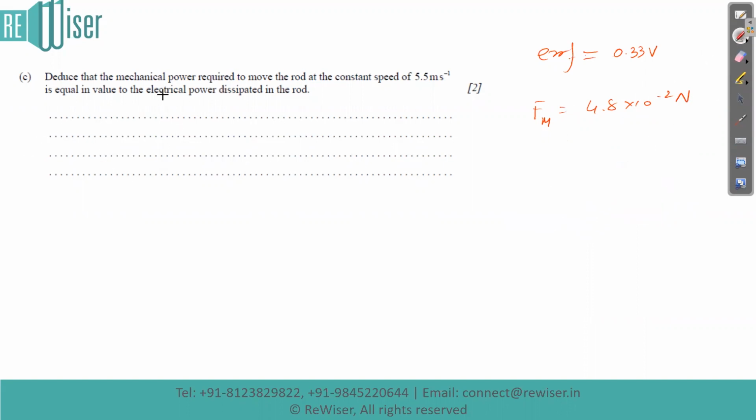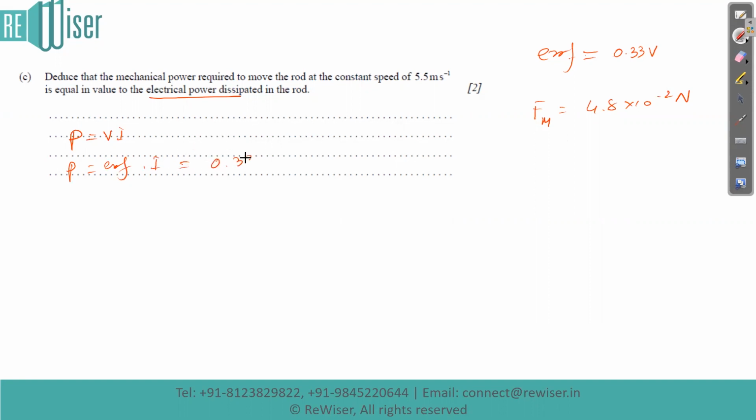First of all, let us find out the electric power dissipated. P is equal to VI, that is the formula. But here, V is nothing but EMF. Potential difference and EMF are equivalent things. In this case, EMF is induced, right? So P will be EMF into induced current.